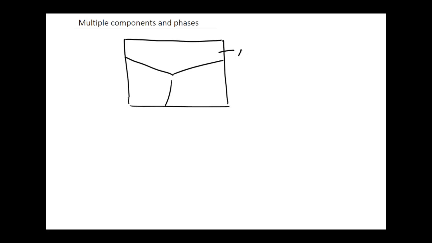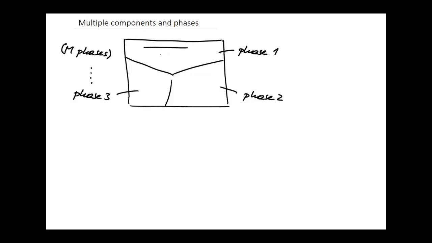Say, we can have a phase 1, we can have a phase 2, we can have a phase 3, and so on. So in total, let's say we have m different phases. This might be solid, this might be liquid, and the third one might be a gas phase, and there may even be more phases.